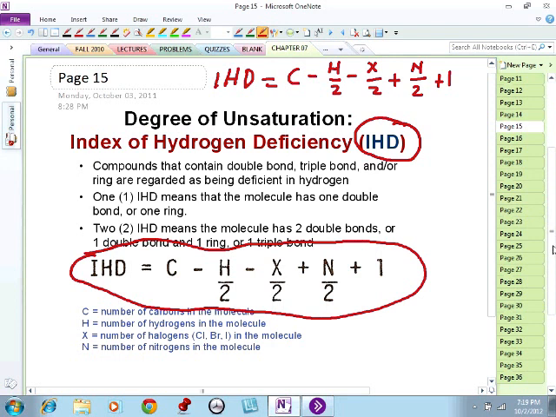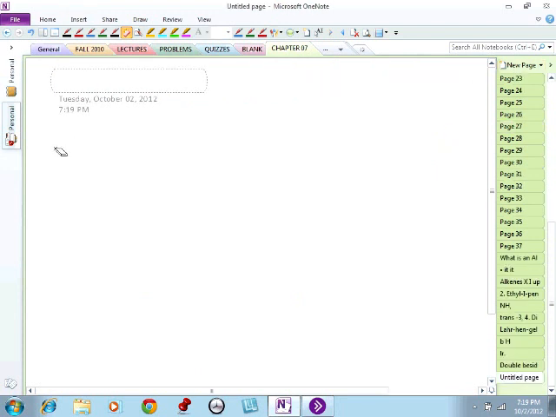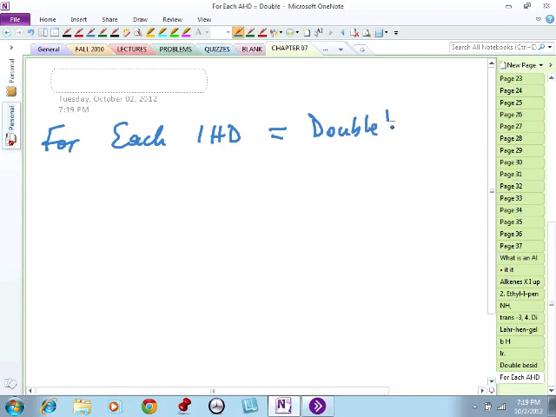So let us use this formula here. For each index of hydrogen deficiency, that means one double bond, or one ring.